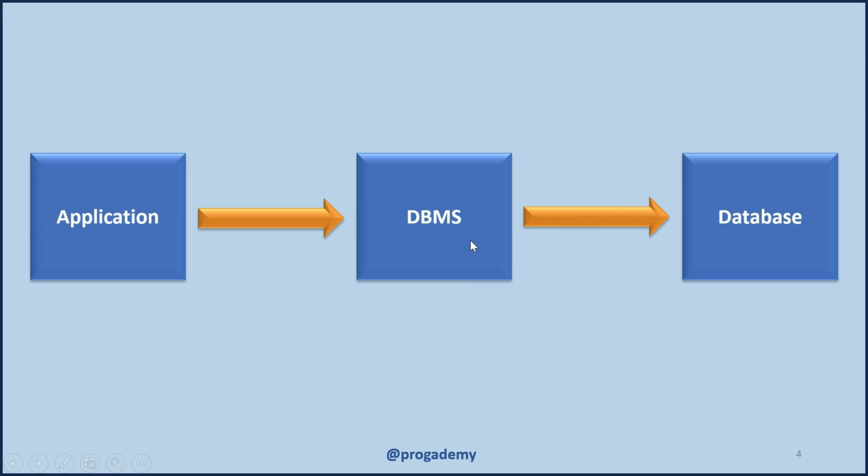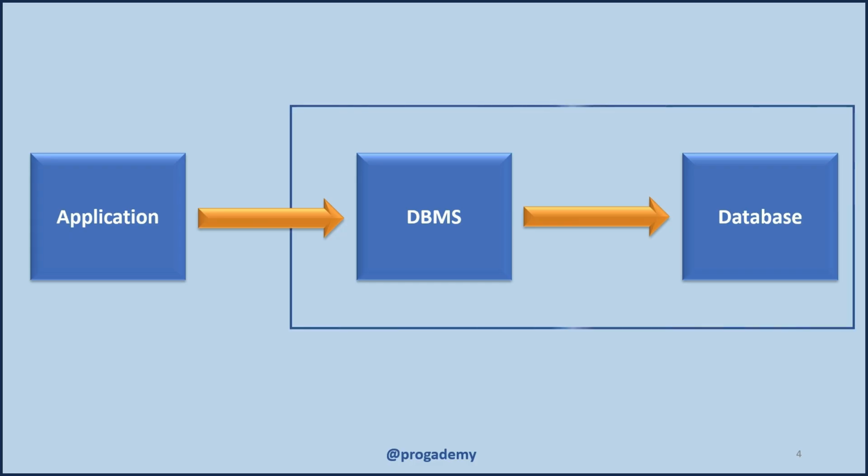It's just the code or program that does the talking to our database for us. That means we talk to our database management system and it talks to our database. Oftentimes, when we talk about a database, we are actually referring to both of these things, the database management system and the database together, as a database, right? So, hope you understand the difference between database and a database management system.